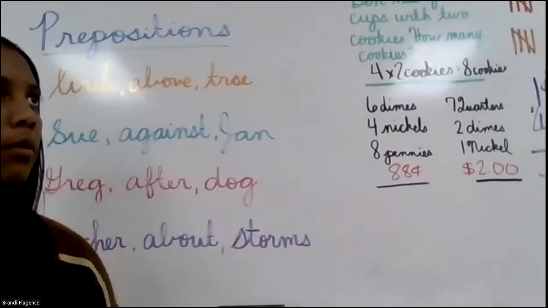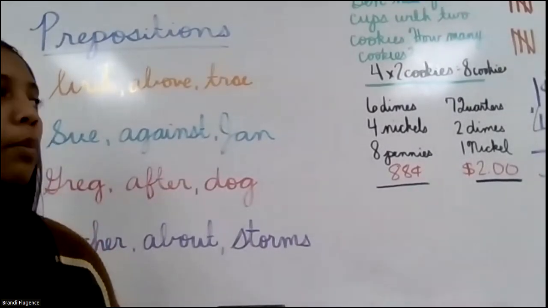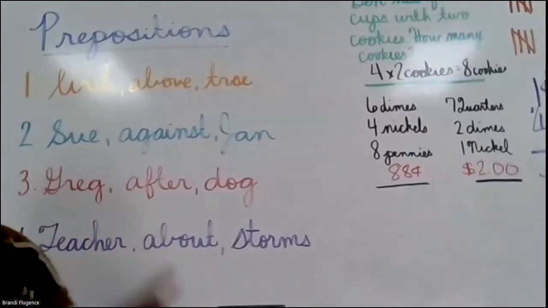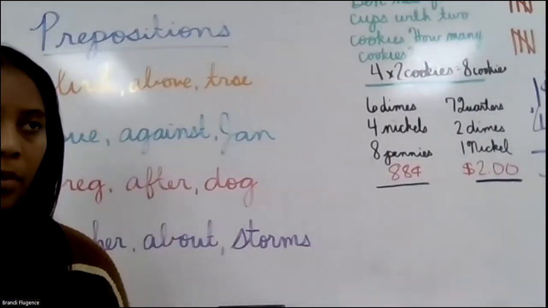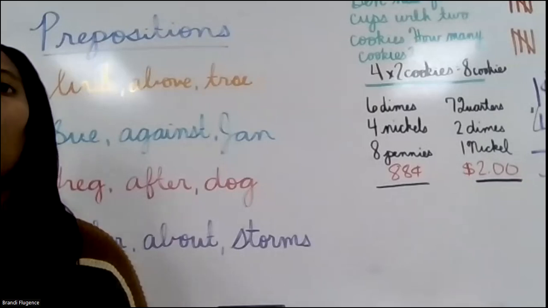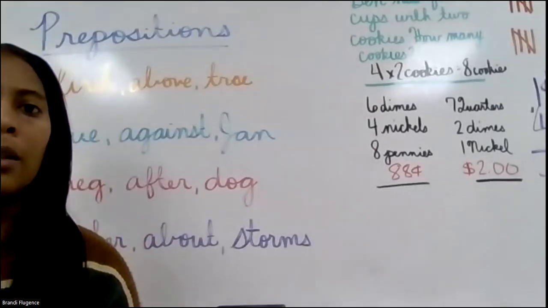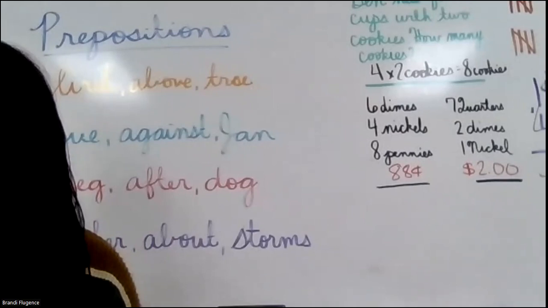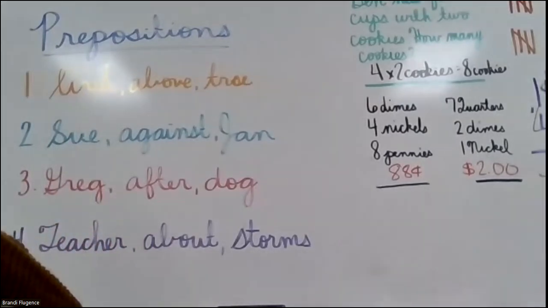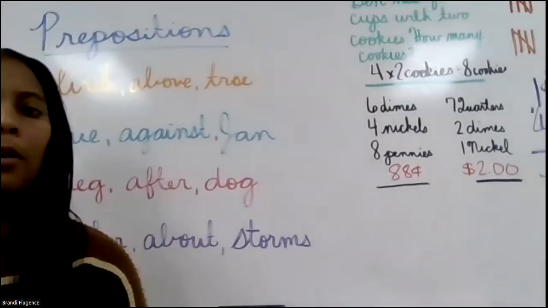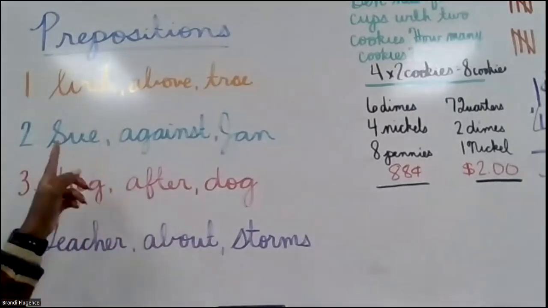Go ahead, Carson. The bird went above the tree. Good. The bird flew above the tree. Anybody online has one? Dennis? Yes. A bird flew above the tree. Good. All right, let's do number 2.